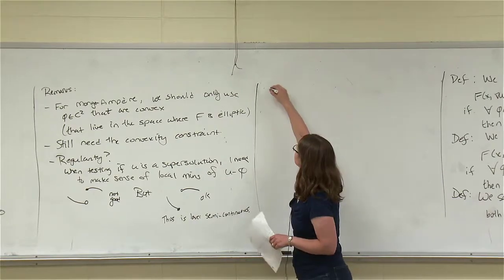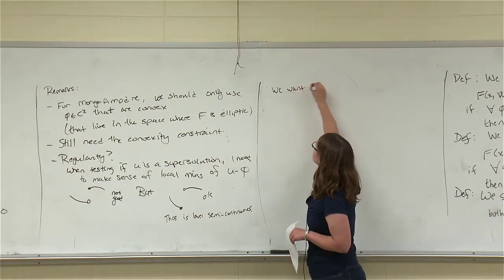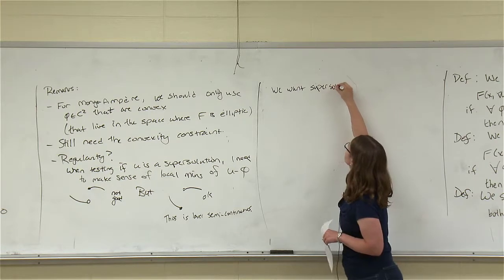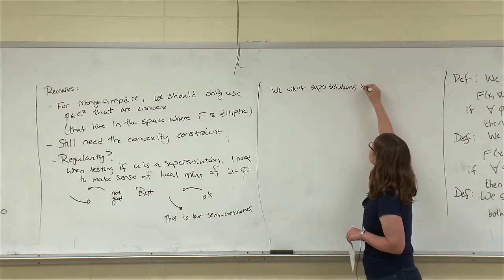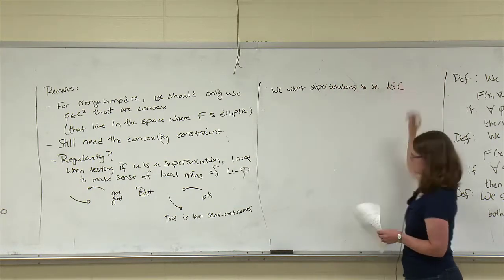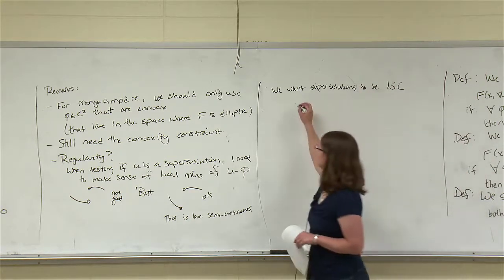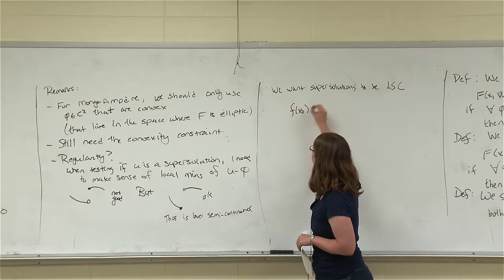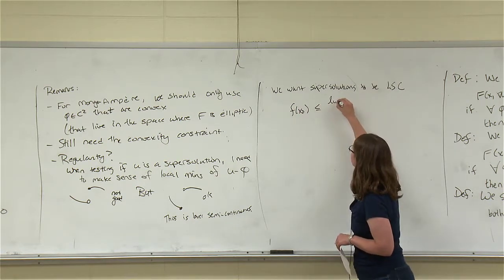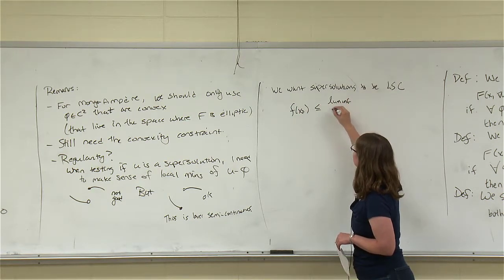So we want supersolutions to be lower semi-continuous. What I mean by this is that f at a point is less than or equal to the limit inferior as we approach that point.